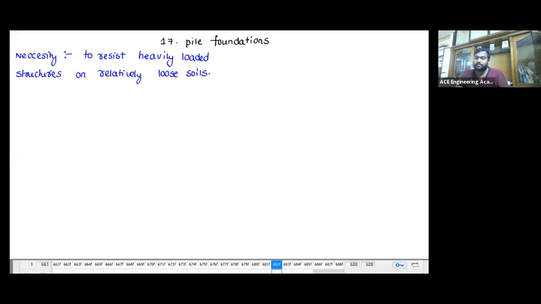So we discussed all this in the previous chapter. Now, in the case of piles, before you design, we have to classify the piles. We use piles for various functions. Classification of piles: we classify the piles based on various criteria. Number one, based on function.